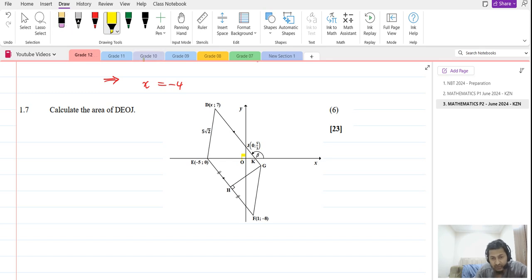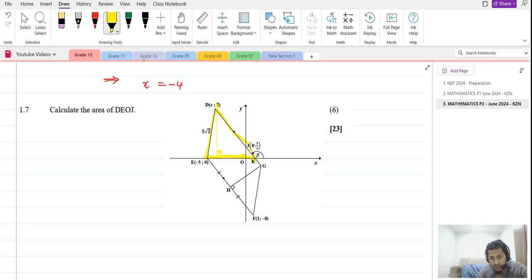But if you look at this triangle, if you take this entire big triangle, we have a perpendicular height, which is 7. Look at the y value, it is 7, the perpendicular height. We know the distance from E to K, which means that we need the coordinates of K. Can we find the coordinates of K?